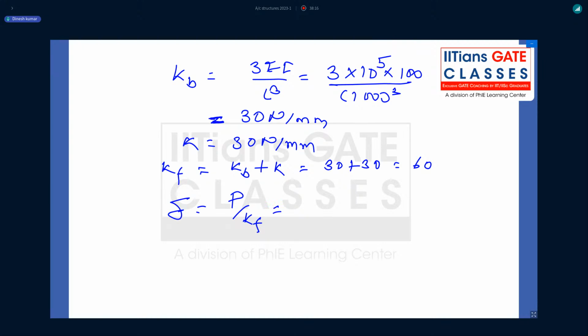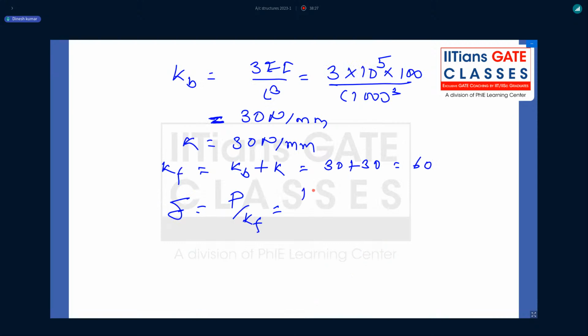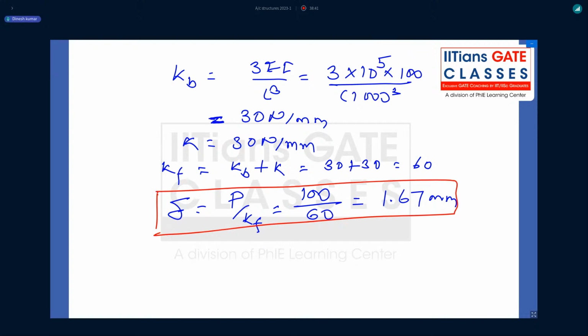The given load is 100 Newton, so the deflection is 100 by 60. The answer is 1.67 mm. Okay, so this kind of question we have to solve like this. Clear? So this is another variety of GATE question.